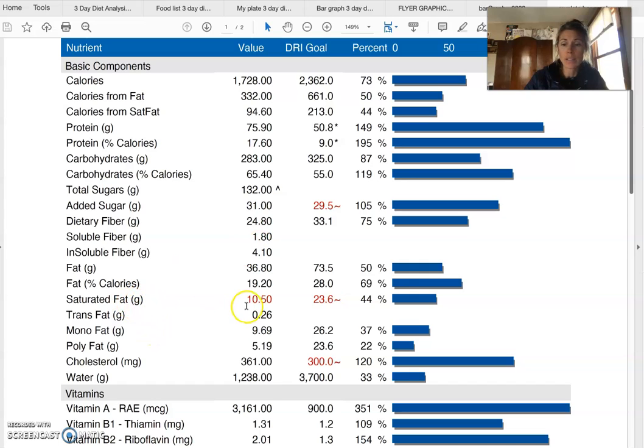If we ate 10.5 grams of saturated fat, and we know that fat has 9 calories per gram, then we would multiply 10.5 grams by 9 to get the amount of calories coming from saturated fat.